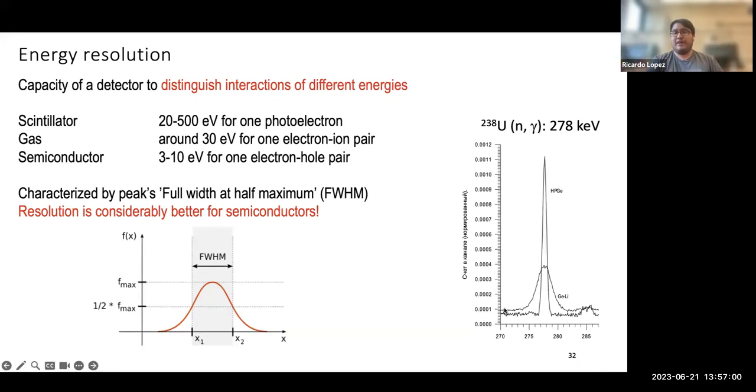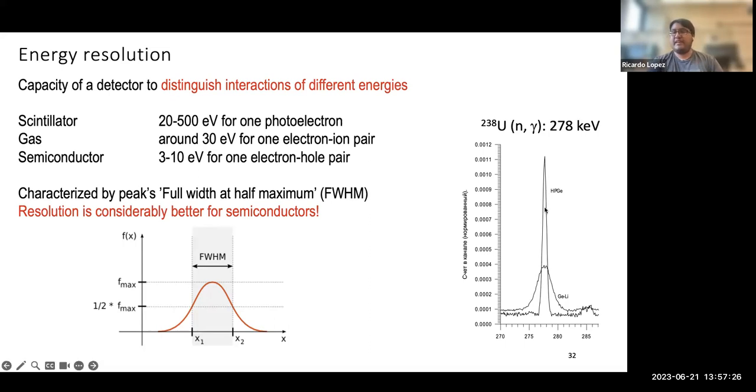So here's an example of two different detectors, one of them with a moderate energy resolution, which is why you get this peak that's a bit wider. Meanwhile, you have that HPGe detector, which I mentioned was one of the semiconductor detectors that is ideal. It's the gold standard because it has among the best energy resolutions that you can reasonably achieve.